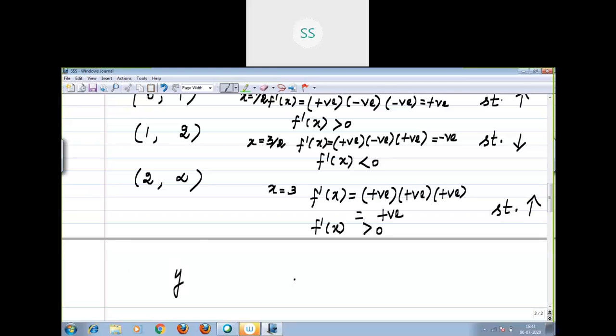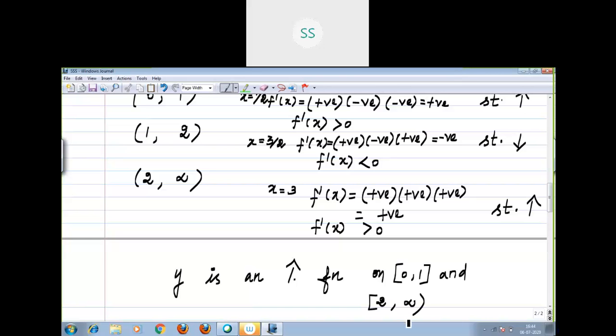y is an increasing function on the closed interval 0, 1 and the closed interval 2, infinity, right?